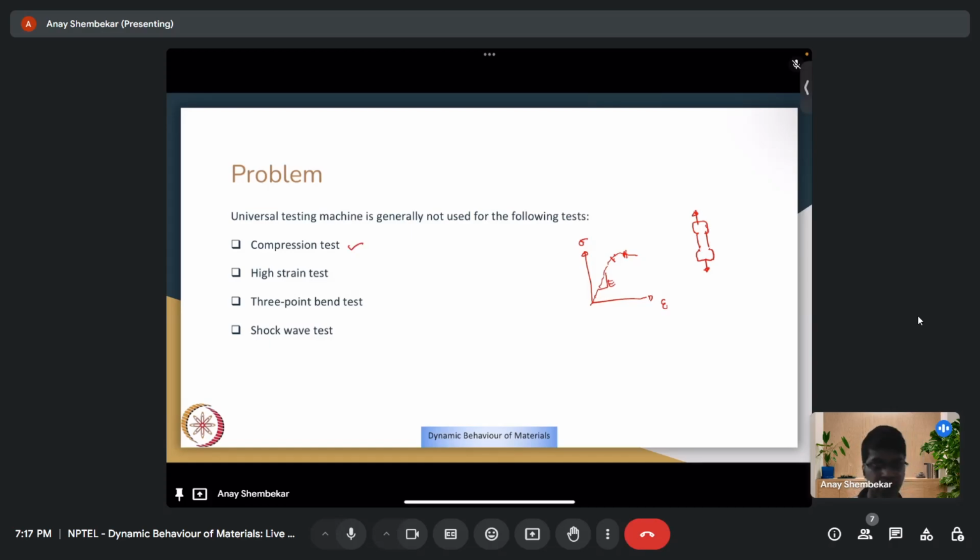As I've already drawn a tensile sample, and we can also do a 3-point bending test. In these tests no dynamic behavior is captured, especially high speed dynamics. So the high strain rate test and the shock wave test cannot be performed using a UTM.